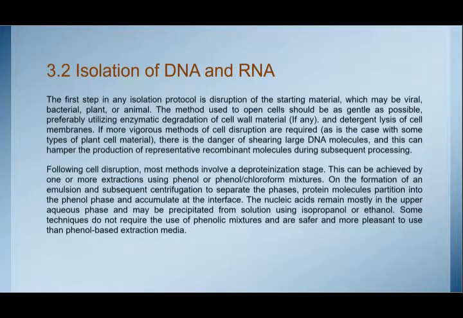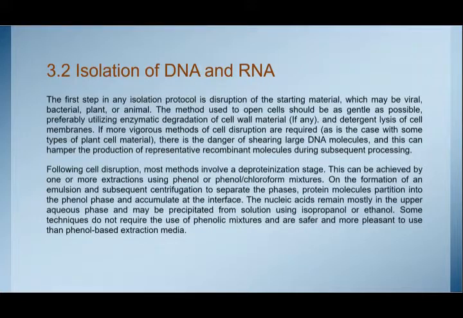The first step in any isolation protocol is disruption of the starting material, which may be viral, bacterial, plant, or animal. The methods used to open cells should be as gentle as possible, preferably utilizing enzymatic degradation of cell wall material and detergent lysis of cell membranes.